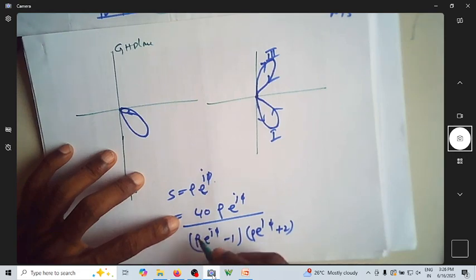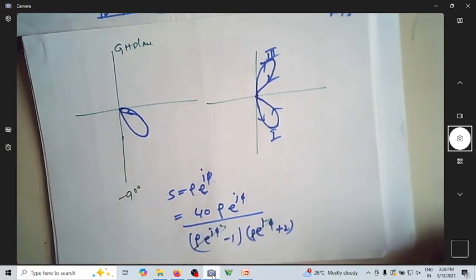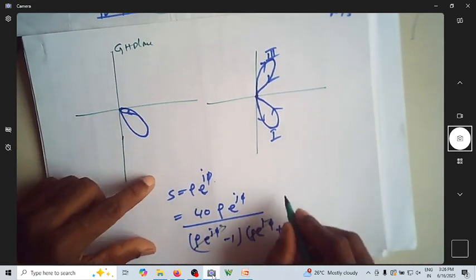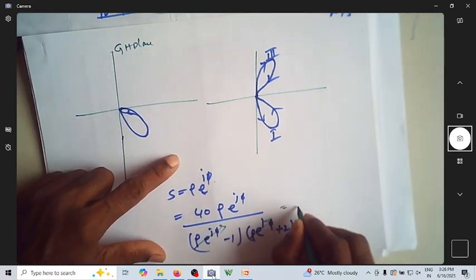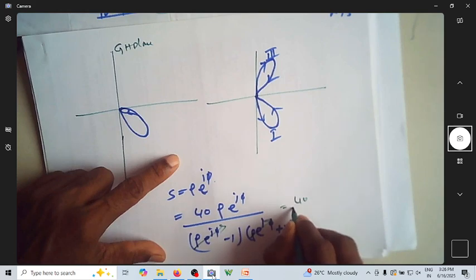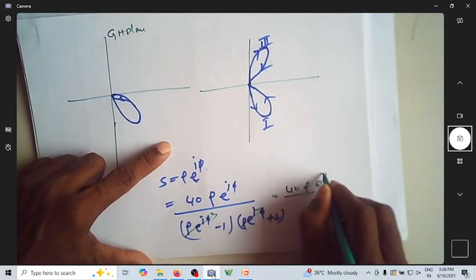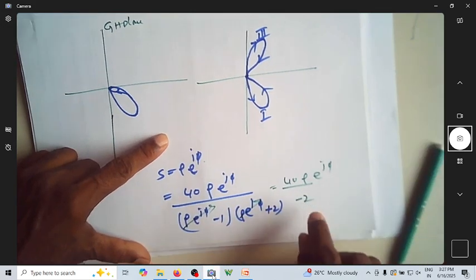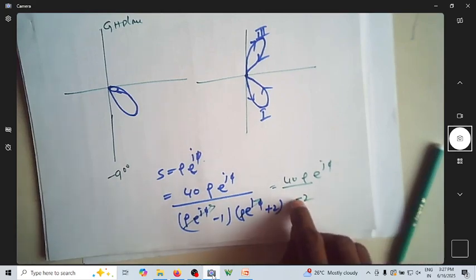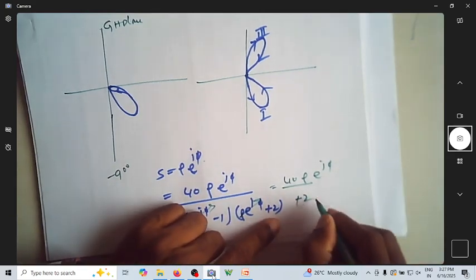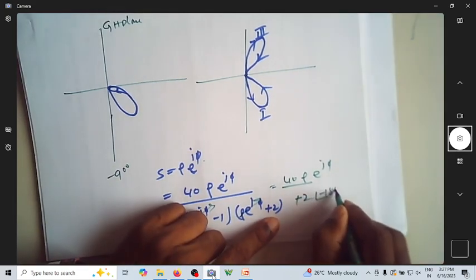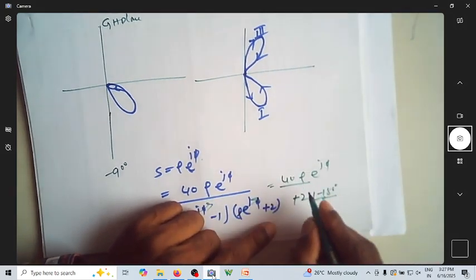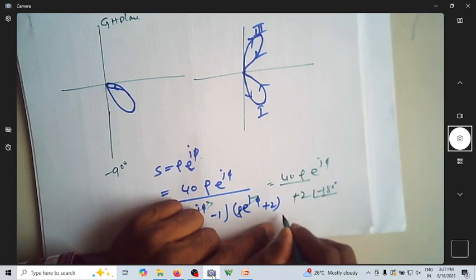When rho is 10 to 0, this becomes 0. You end up with minus 40 rho e power j phi, and this is minus 2. So this minus will become 2 at an angle minus 180 degree.